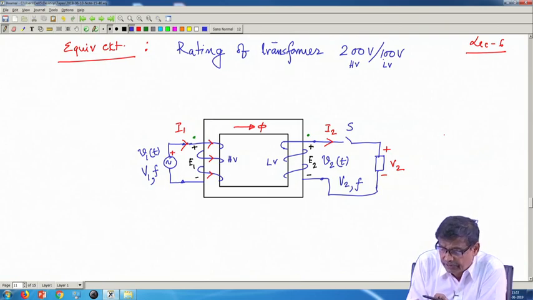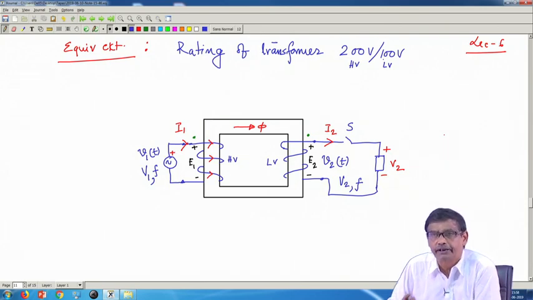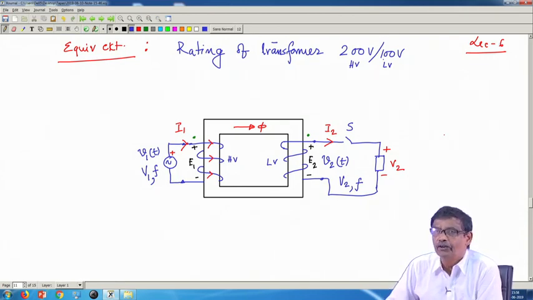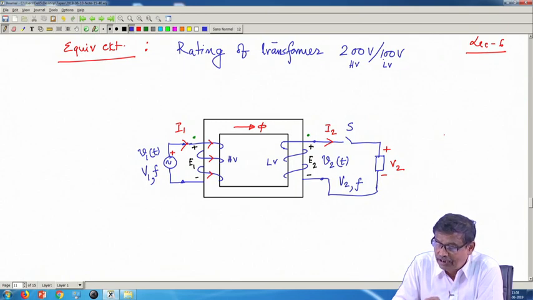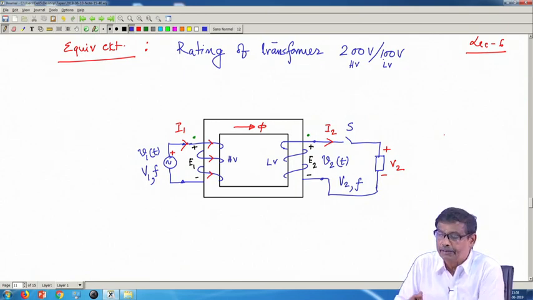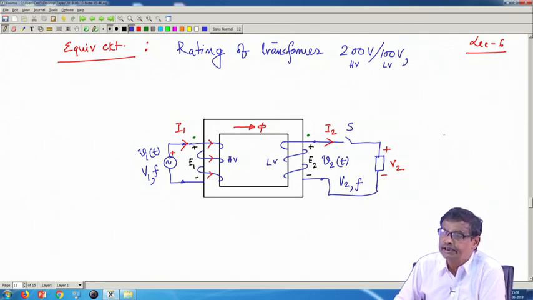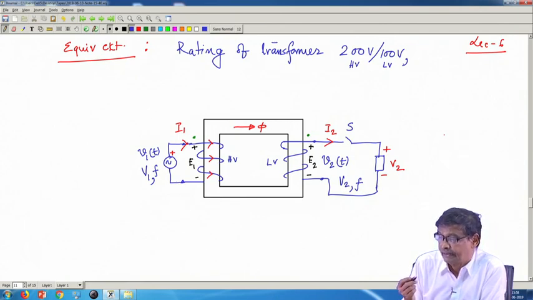Then I told you the current ratings of the coils should also be specified. Because we know the volt-ampere product remains the same, current ratings are specified indirectly. What is specified is a kVA rating.